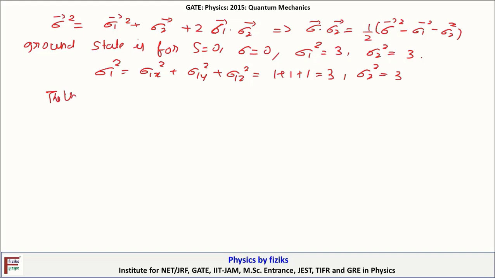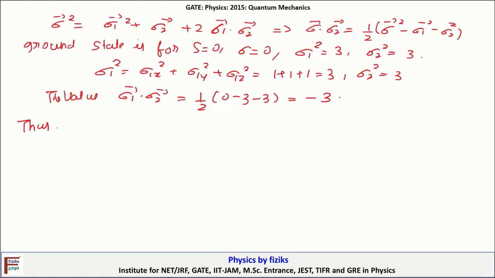The value of sigma 1 dot sigma 2 would be 1 by 2 (0 minus 6) equals minus 3.